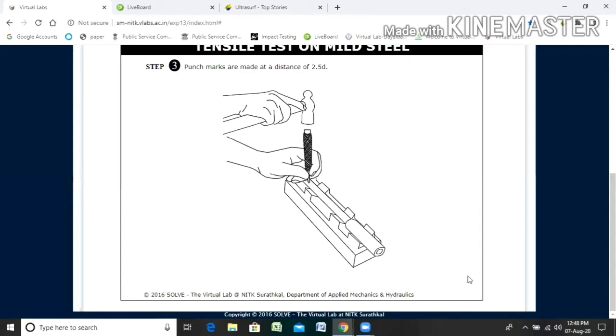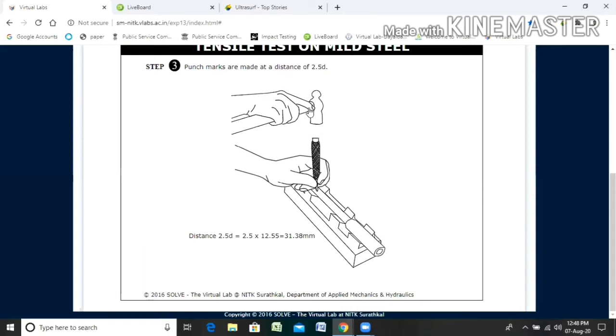The distance between two punch marks will be 2.5 D, where D is the diameter. So 2.5 times the initial diameter of 12.55 is 31.38. That is the distance. First punch I have done.